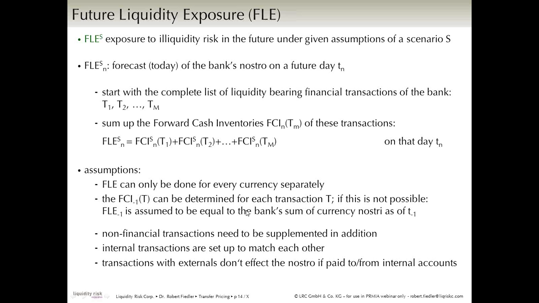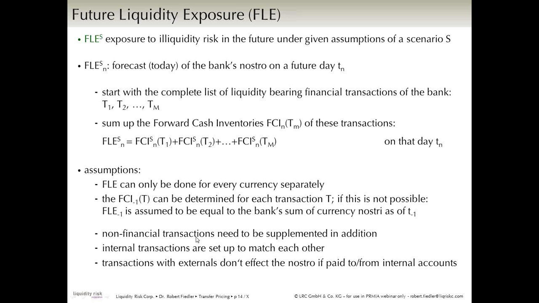as of yesterday because they are unknown, not in the systems or whatever, we have to assume that all inventories as of yesterday go into one bucket, and this is the FLE of T-1, actually the nostro, or maybe the sum of all nostri as of yesterday.